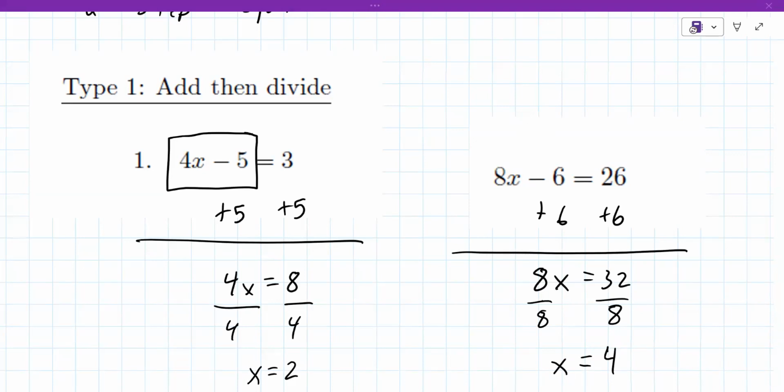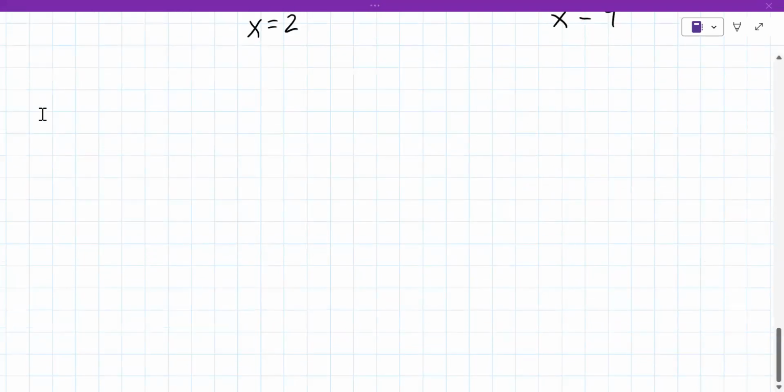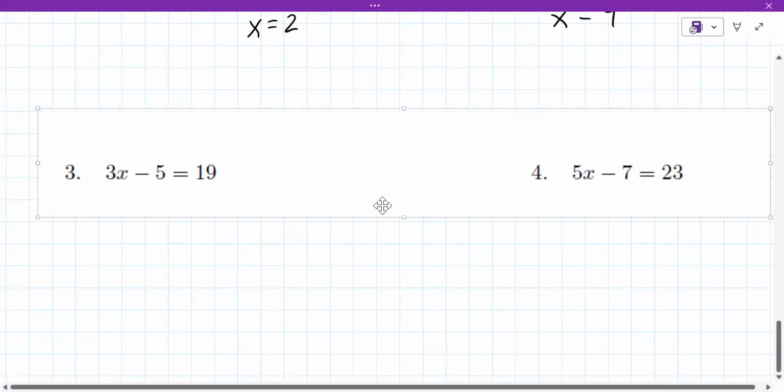They're add and then divide, add and then divide. Not trying to make anything difficult, exactly like what we've just done.